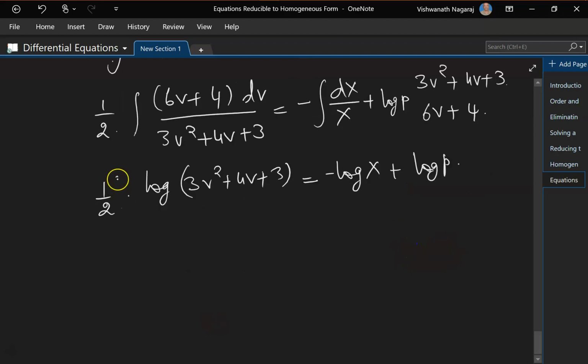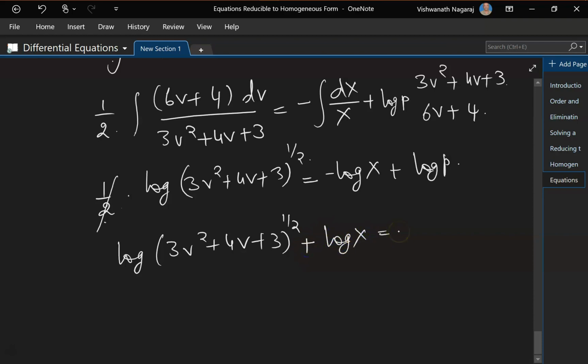Okay, now this half can go up, so log of 3v square plus 4v plus 3 half plus log x is equal to, or let's bring in that also here, not plus, minus log p is equal to 0.